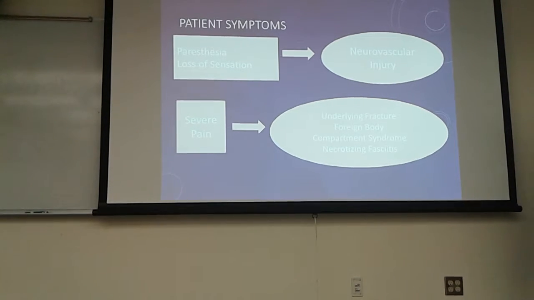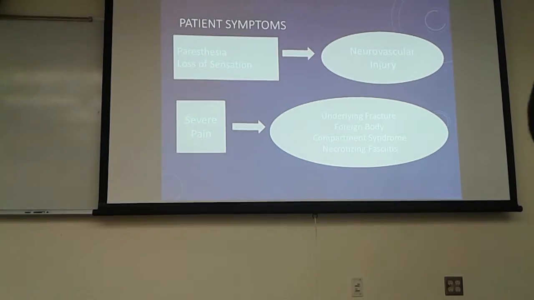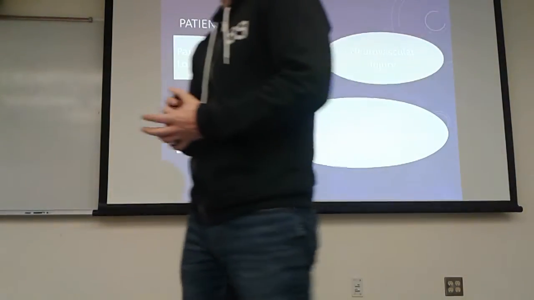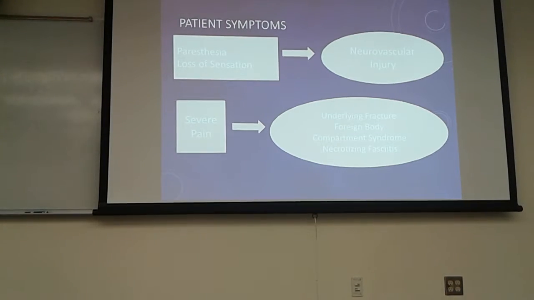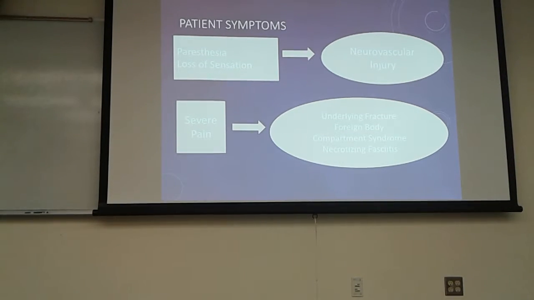Severe pain. How do we manage severe pain? Narcotics. Drugs. What kind of drugs do we give? So how do you choose between all of those drugs that we have? Great question, I've been asking that myself.